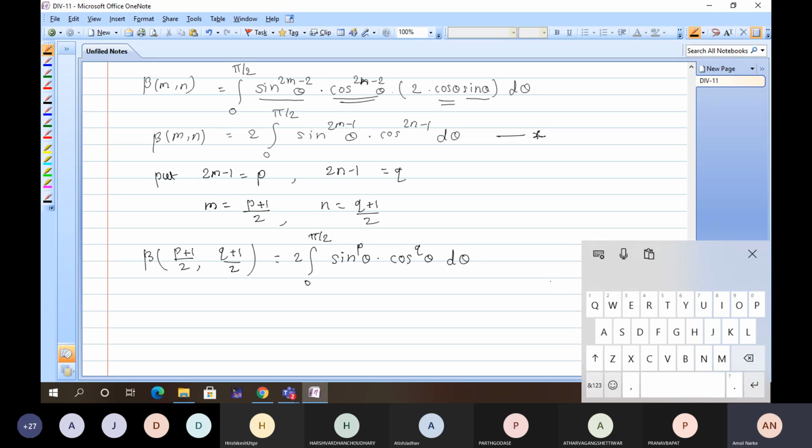Clean and clear? Because we have an example. Find the value of the integration from 0 to pi by 2 of sine raised to 5 theta into cos raised to, suppose, 3 theta d theta. So what is its value? That 2 comes there, so it becomes 1 by 2 beta of, tell me, what is that value?